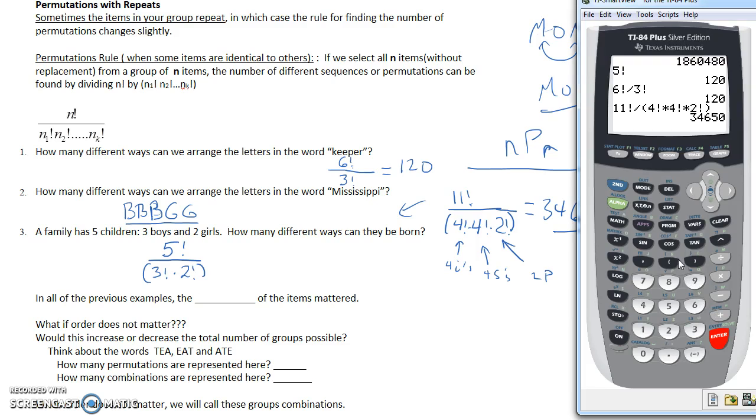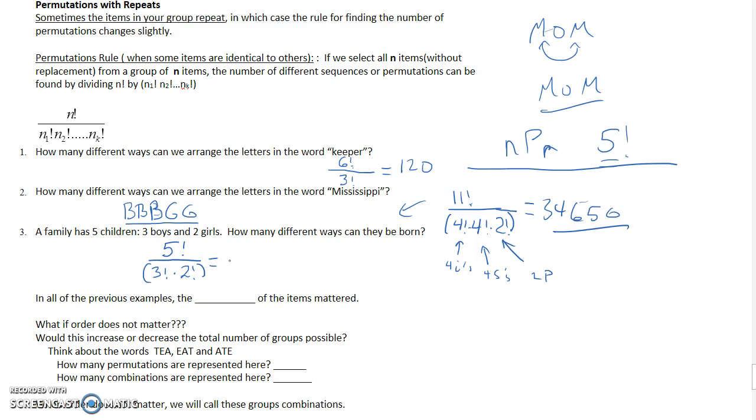So to work this out, we're going to first do 5 factorial divided by parentheses 3 factorial times 2 factorial. Close our parentheses, hit enter. So there are 10 different ways you can have the arrangements of boys versus girls.